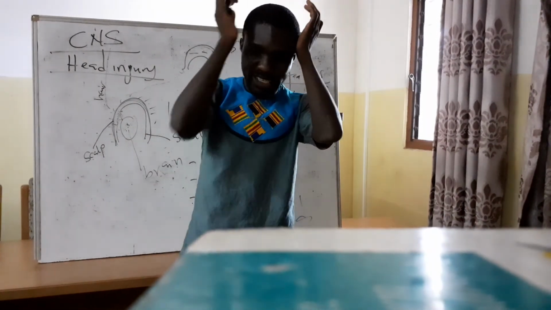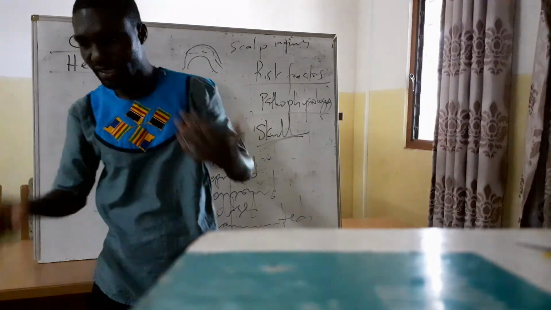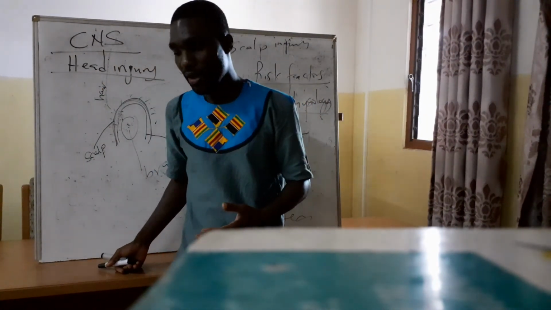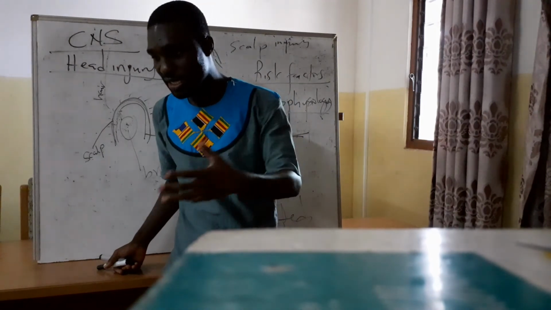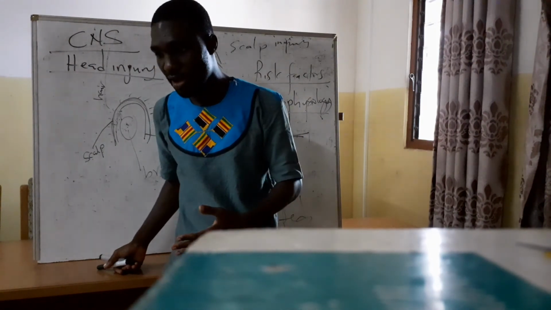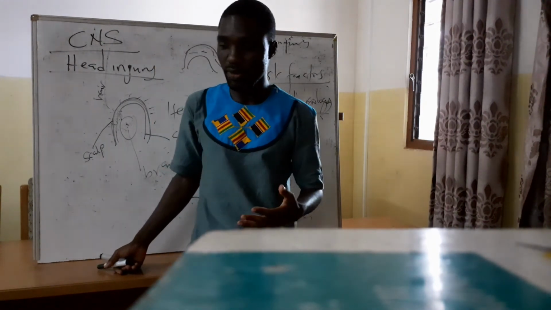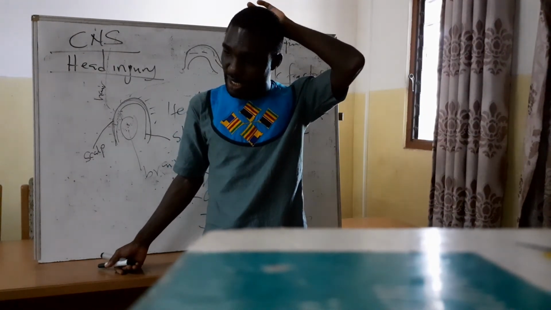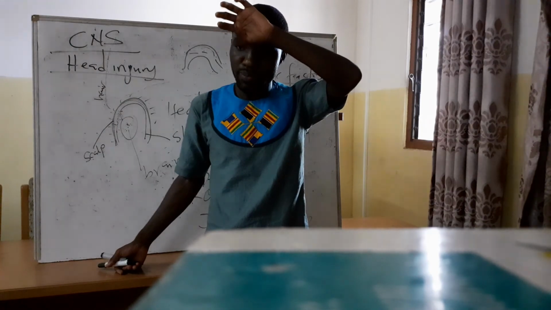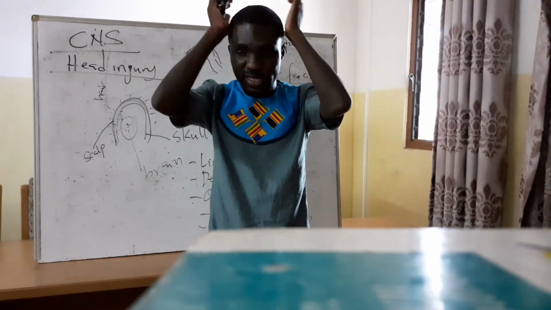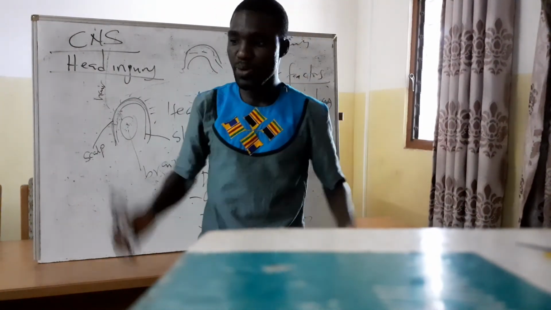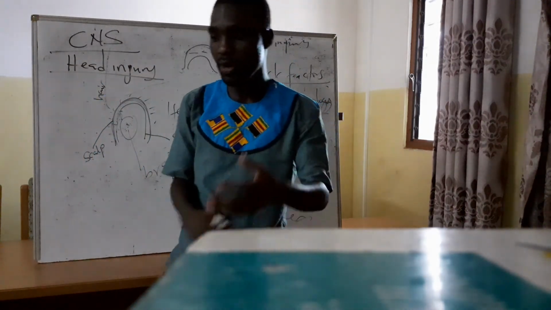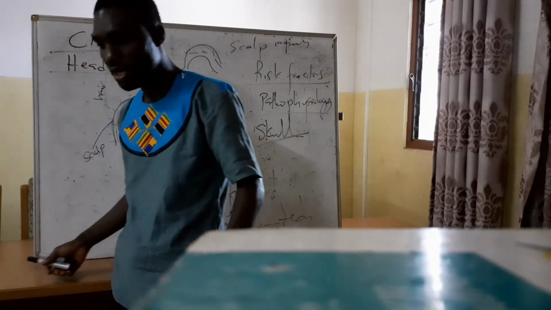If it occurs at the sides, the temporal parts, we can term it as temporal skull fractures, right? Because we know that the back is the occiput, the front is the frontal part, the parietal part, and then the temporal part. So depending on where the fracture is occurring, then we can name it based on the location.